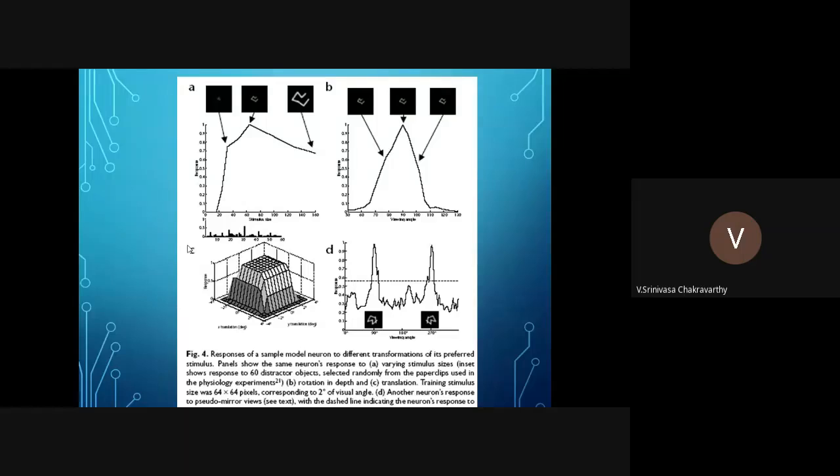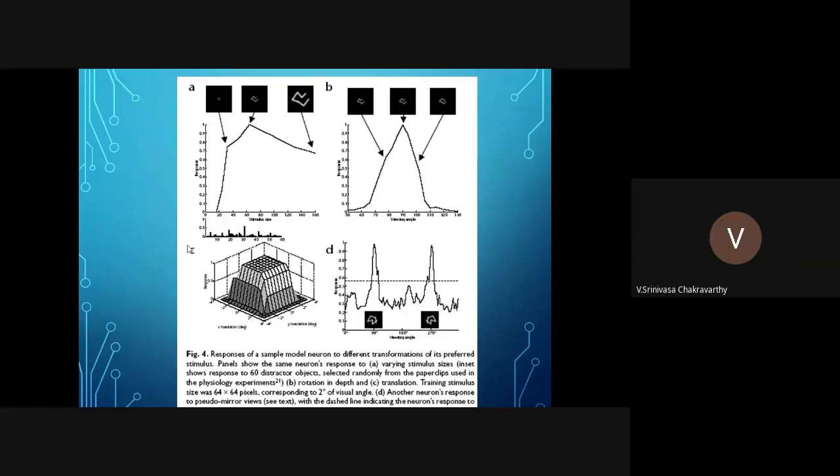But the response of the neuron to the viewing angle is not quite stable, because from different angles, the object might look different. So from 90 degrees to about 100 degrees, already the response has fallen by about 50%.